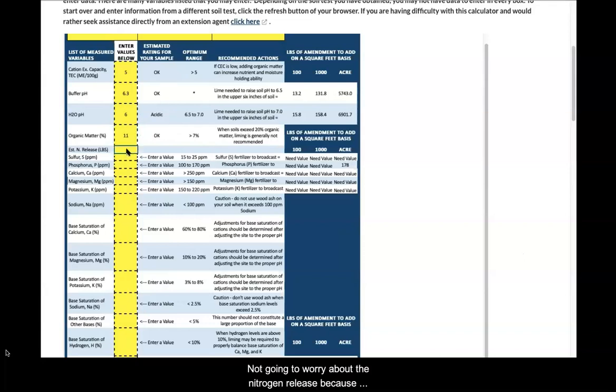Not going to worry about the nitrogen release because, again, that really doesn't matter for Alaska too much. Sulfur, I'll put in at 9. Phosphorus, 33. Calcium, typically it's fairly high here in Alaska. Magnesium, we're going to go down to 66. Potassium, 82.